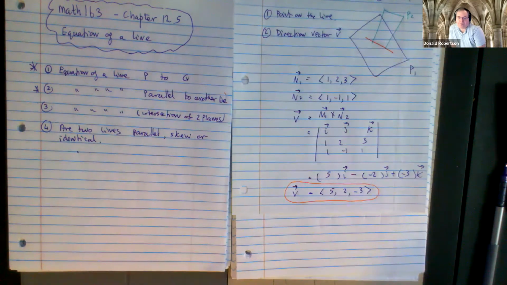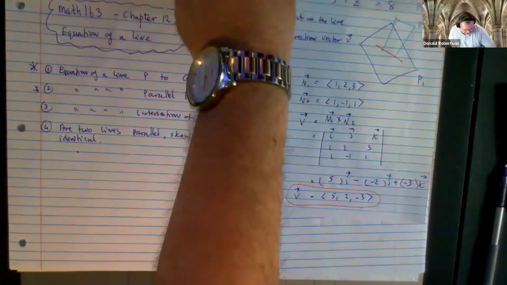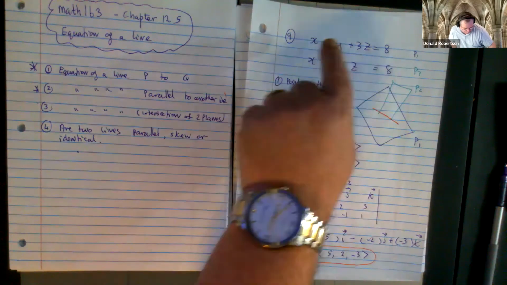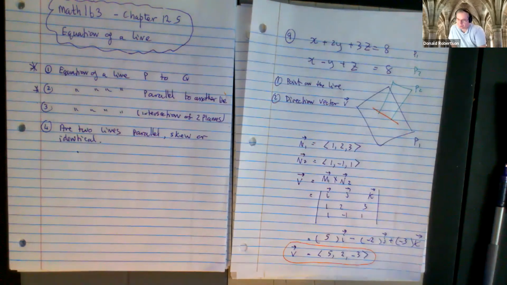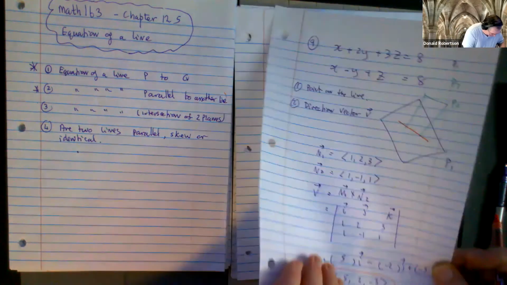Are you comfortable that if I say find the equation of the intersection of two planes, you'll find the cross product of the normals to the planes, 1, 2, 3 and 1, -1, 1? And that will give me the direction of my line. So the next one is where it gets a bit vague.